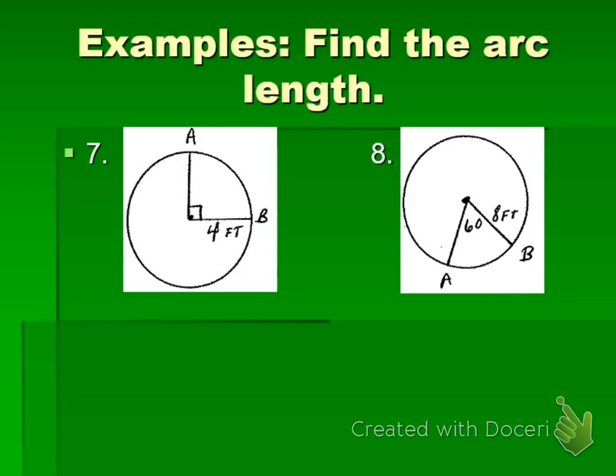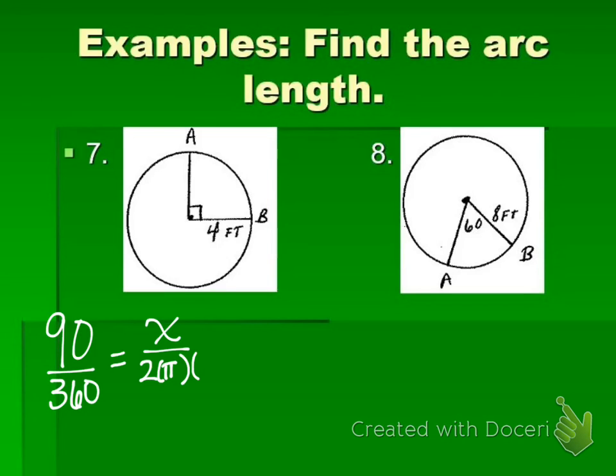All right, on number 7, I need somebody to set up my initial proportion. Jordan. 90 over 360, so our central angle over 360 equals x over 2 times pi times 4.